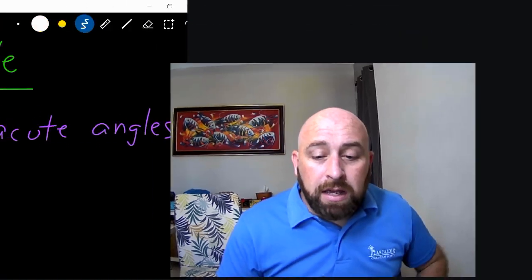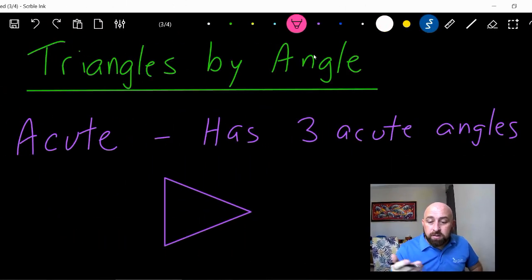Okay, the last way to identify triangles, and this is on page number 21, lesson 1.12, is to classify them by their angles. This one I have down here is called an acute. Acute triangles have three acute angles. So in this case, all three of these angles have to be less than 90.